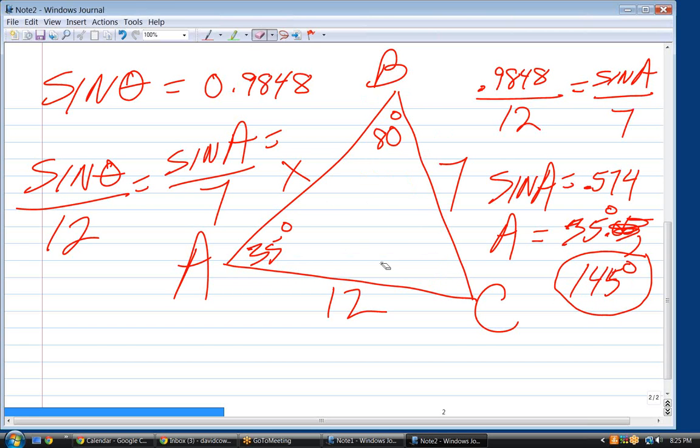Therefore, this triangle does not qualify for the ambiguous case. It would if this supplementary angle added to the other known angle was less than 180. Then you would have two possible results, and they would each give you a different x.